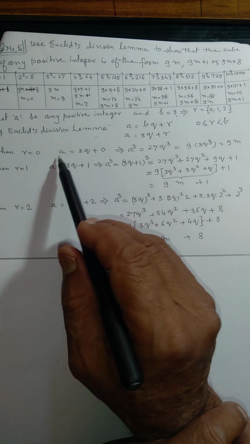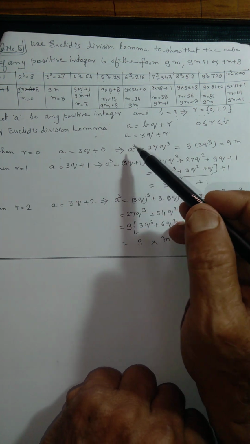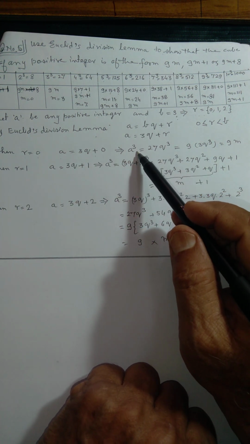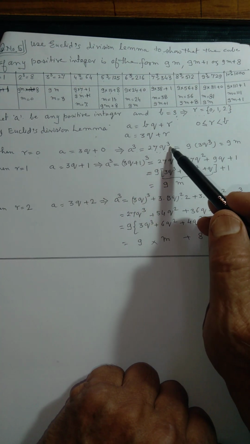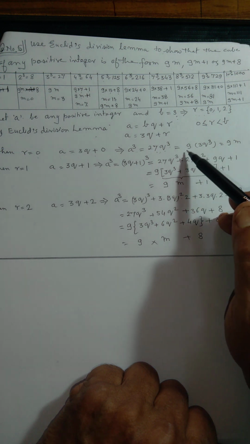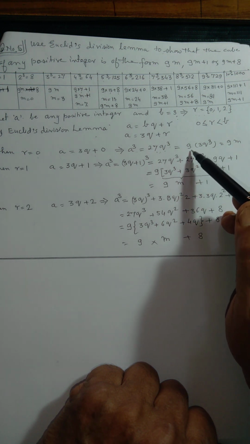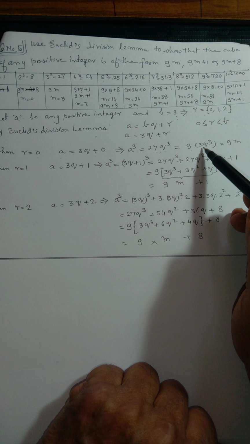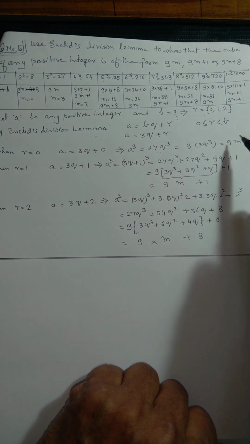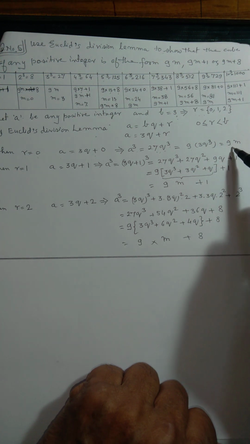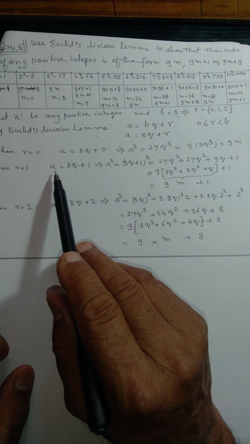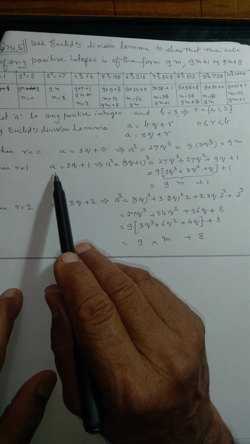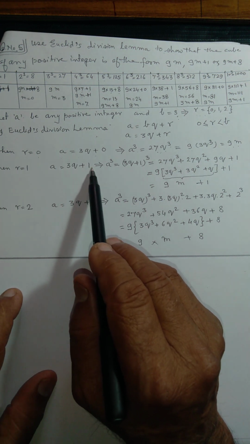Take the cube of both sides, left hand side and right hand side. You see a cube, and the cube of 3q is 27q cube. This 27q cube can also be written in the form of 9 times the bracket q cube times 3, and that is in the form of 9m. Now proceed. When r is equal to 1, that number can be expressed in the form of 3q plus 1.